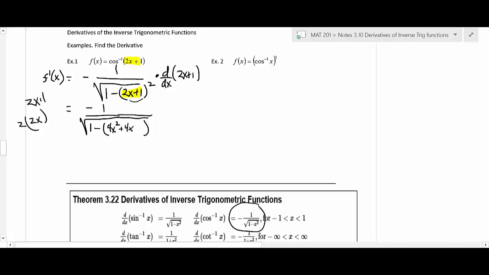If you don't like the shortcut, write it out twice and FOIL it on scratch paper. But you want to do that in your head. And then 1 squared is 1, so that'll give that. Then the derivative of 2x plus 1 is 2. So that's an unsimplified derivative right there. Is that clear?